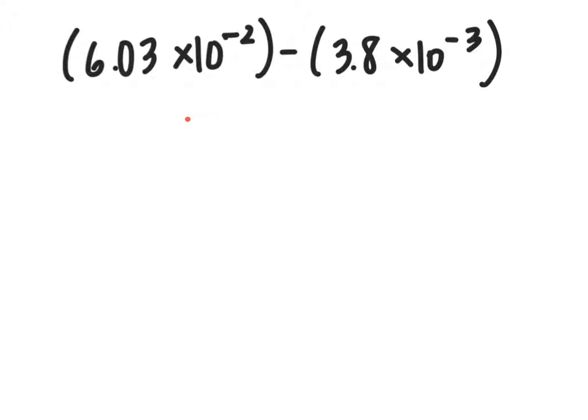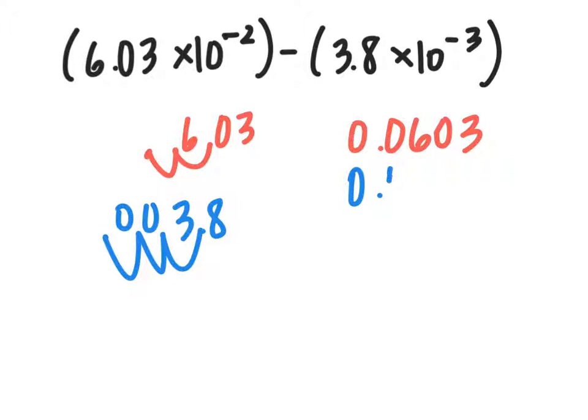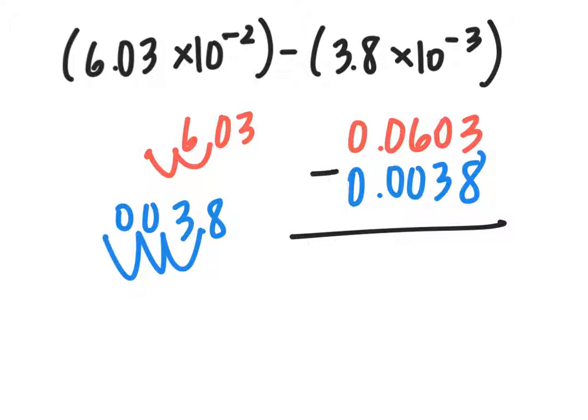Subtracting these two numbers here, 6.03 times 10 to the negative second becomes 0.0603. And if I look at 3.8 times 10 to the negative third, I get 0.0038. And if I subtract these numbers using my calculator or my brain, I'll get 0.0565.